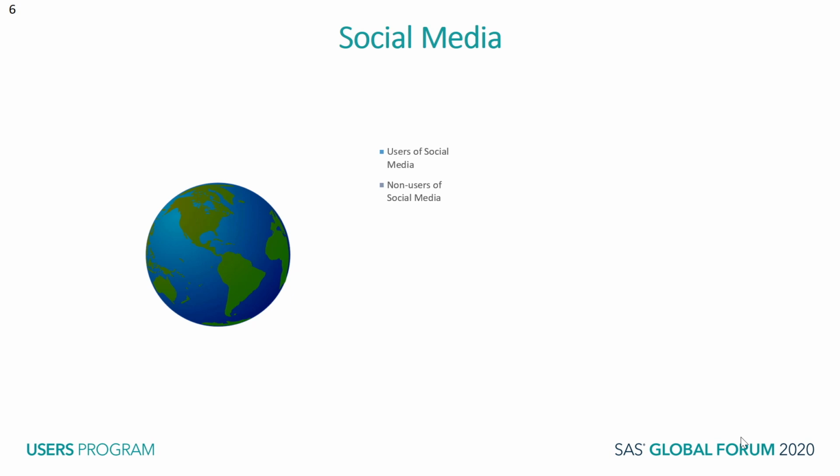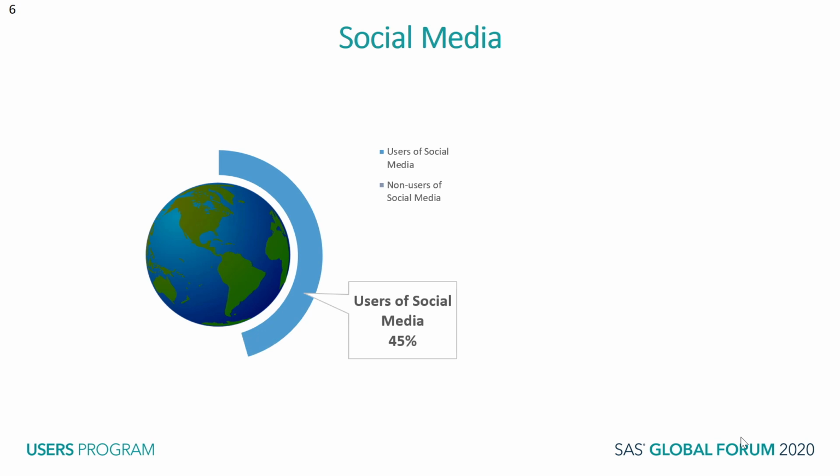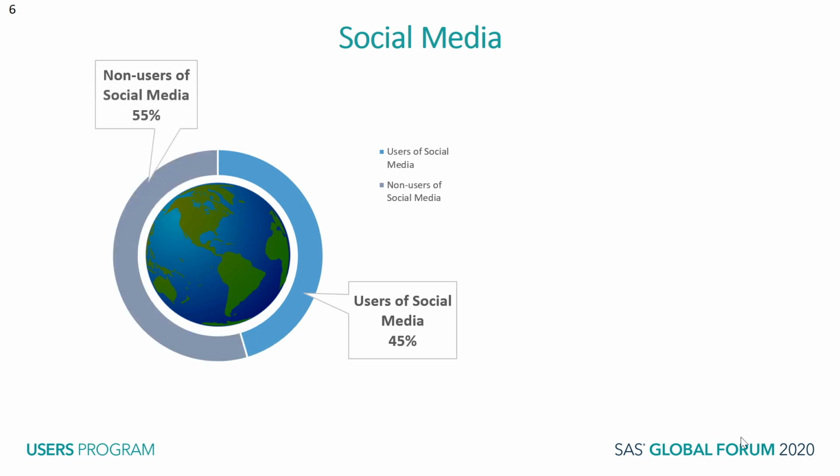In the past decade, the social media usage has increased exponentially. About 45% of the world population are social media users. That is about 3.7 billion people out of a total 7.7 billion world population use different kinds of social media, ranging from Facebook, WhatsApp, Instagram, Twitter, to many others.